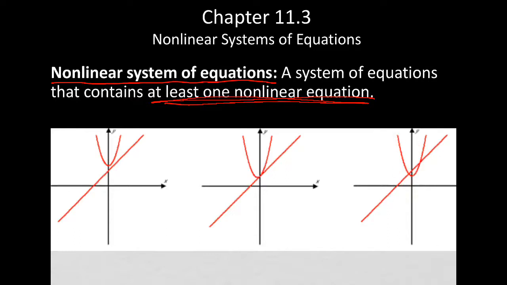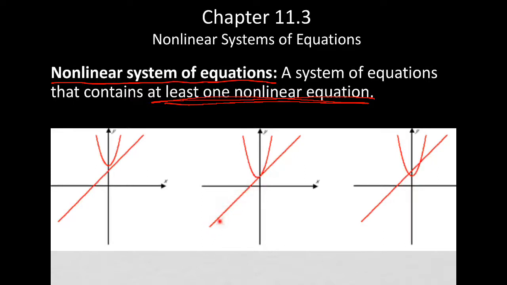And so just to get you thinking about what and how many solutions you might be looking for, when we see a system of equations that has a line and a parabola, these are the things that could happen. Maybe they don't touch at all, and so this one would have no solutions.